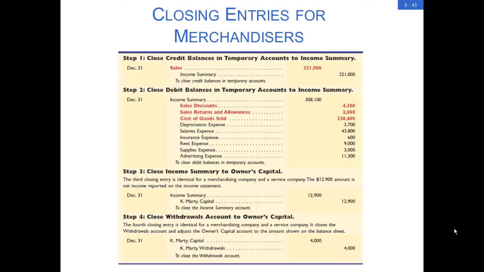Their existence in the ledger accounts means that the first two closing entries for a merchandiser are slightly different from the ones described in the previous chapter for a service company. These differences are highlighted in red here.